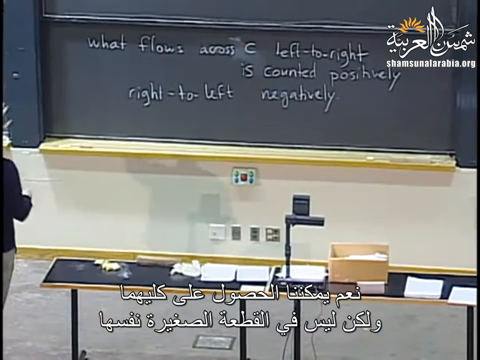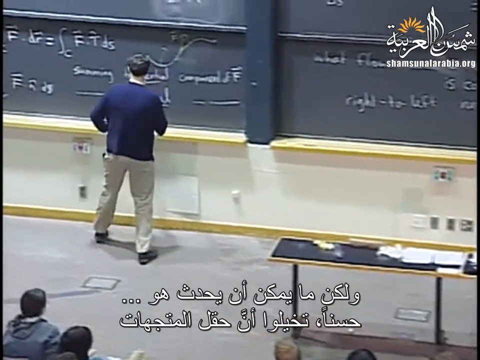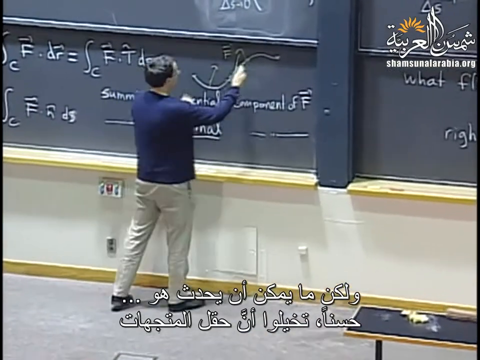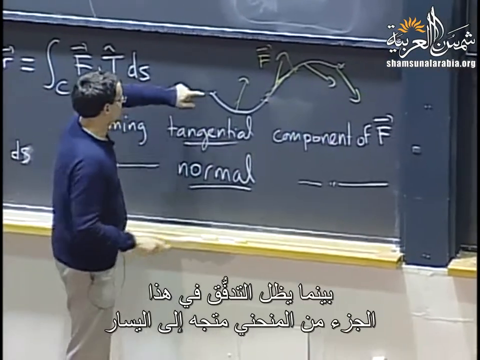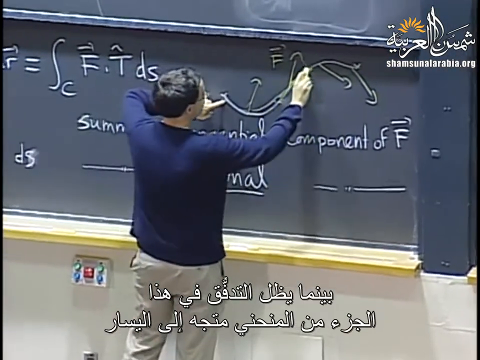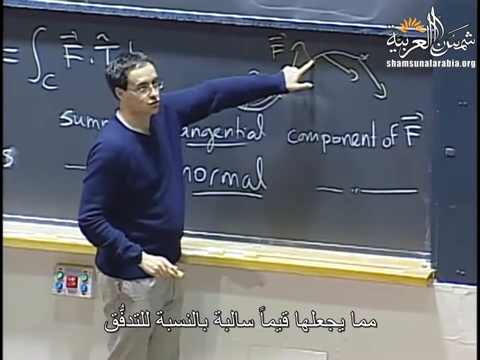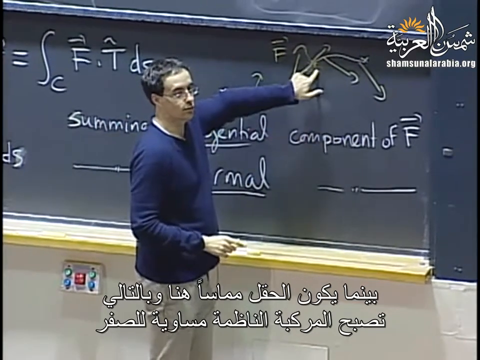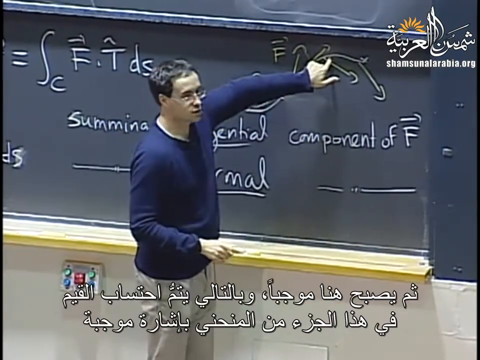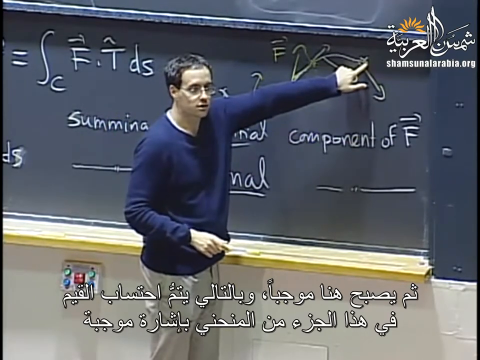Well, you can have both, not in the same small segment, but imagine my vector field suddenly goes in the opposite direction. Then this part of the curve, things are flowing to the left, so it contributes negatively to flux. And here, maybe the field is tangent, so the normal component becomes 0, and then it becomes positive, and this part of the curve contributes positively.